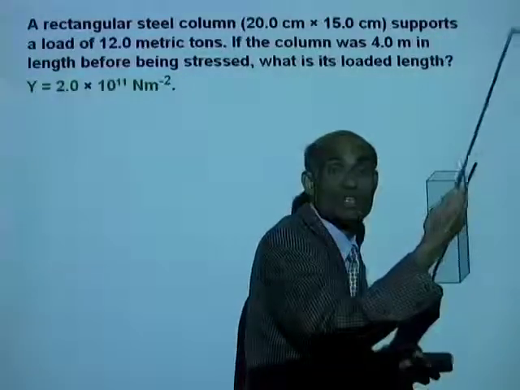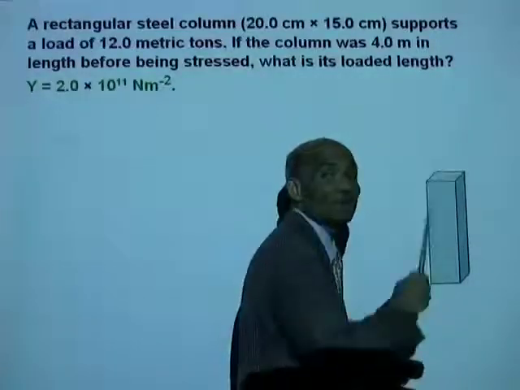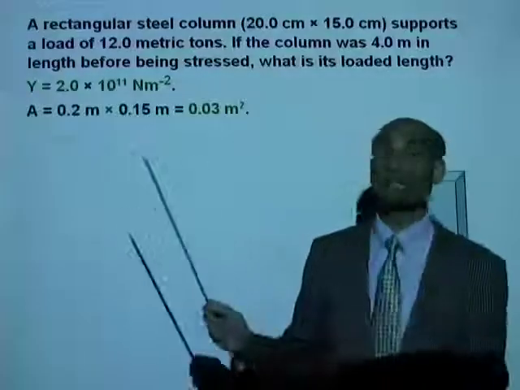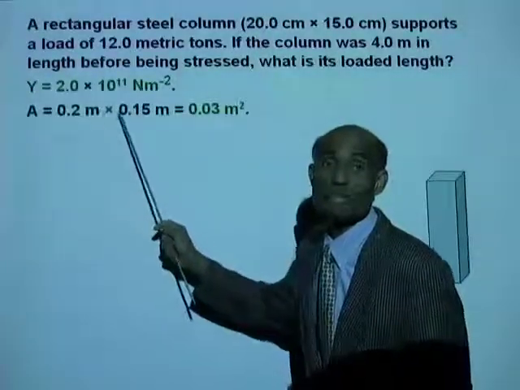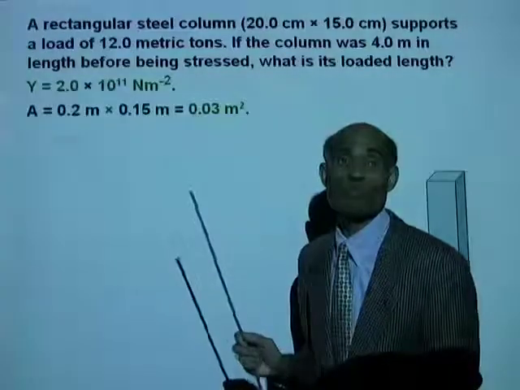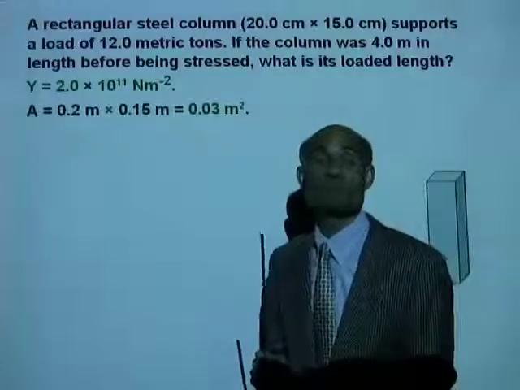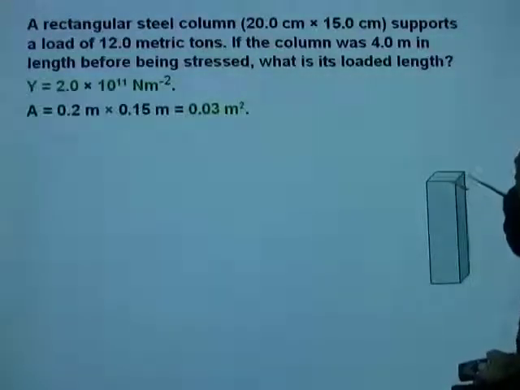The force, the deforming force, is going to act on that area. Therefore the area is 0.2 meter times 0.15 meter, that is 0.03 meter squared, and that is this area.